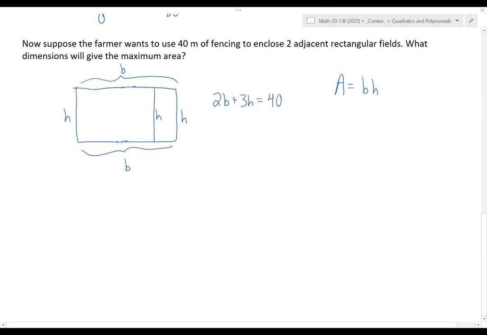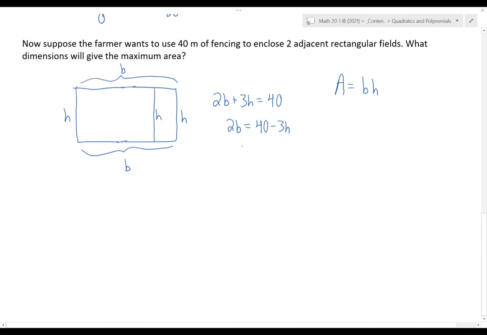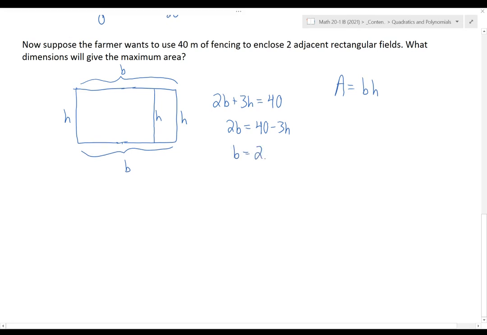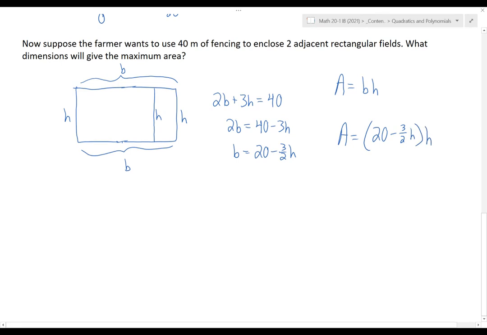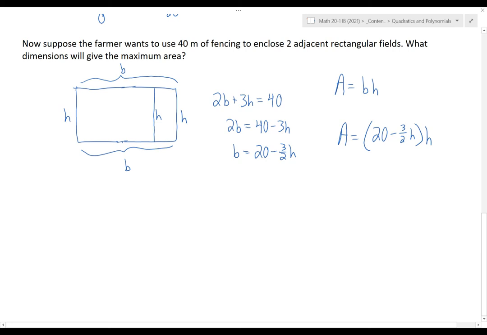So this gets a little more complex, but I still do the exact same thing. Let's do this as 2b equals 40 minus 3h, which means b equals 20 minus 3 over 2h. This means that the area is 20 minus 3 over 2h times h. Still factored form, so it's still relatively easy to find my maximum.